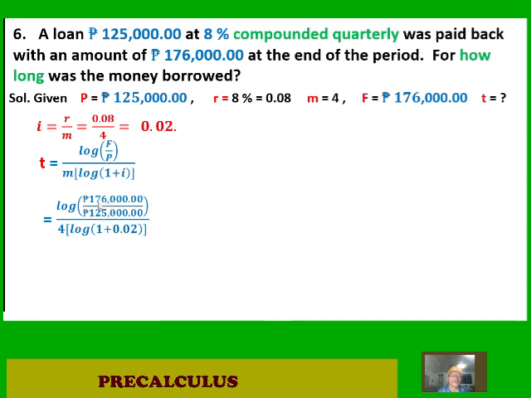So divide and add this one. So the quotient of these two numbers is 1.408, and 1 plus 0.02. Take the log of this number.